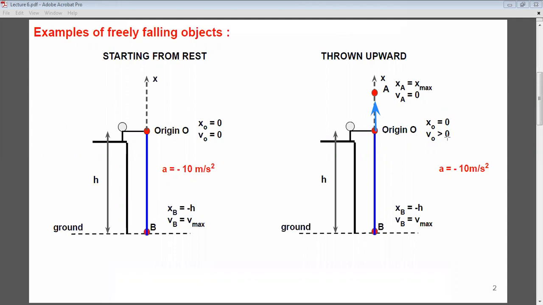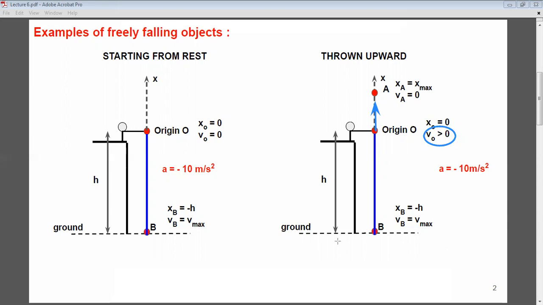In this case, the ball will not go upward unless I give it a push. So I need to give it an initial velocity from the beginning. It's positive, which means a positive velocity upward. So the ball, or the particle, or the keys, or anything I'm throwing upward.